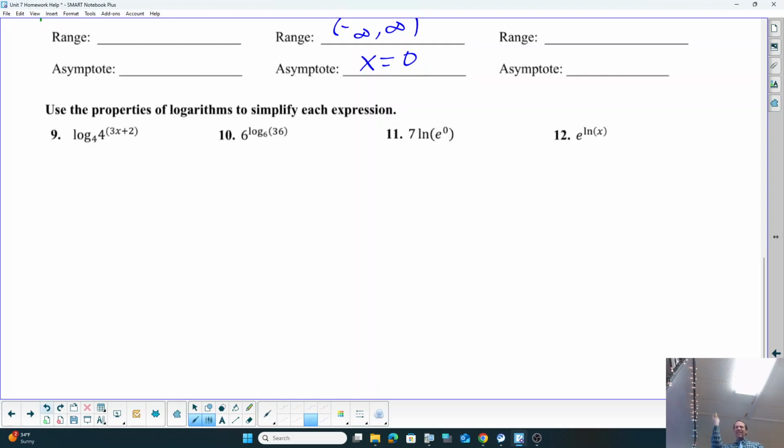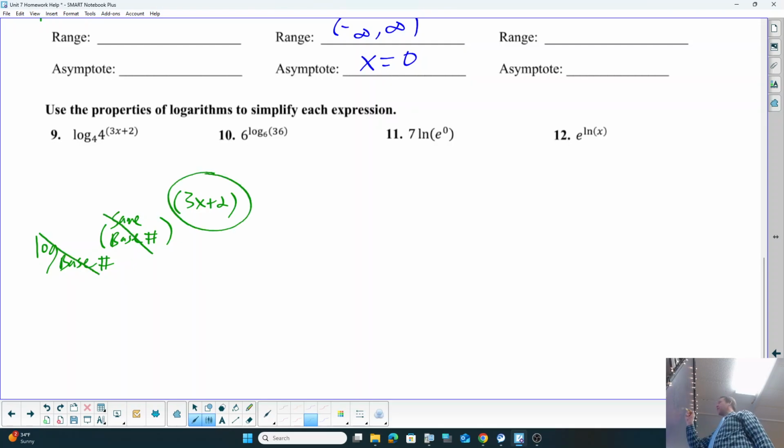And we're doing properties of logarithms. We learn with properties of logarithms that if you take a log base of a number with that same base, and then you have an exponent there, for example 3x plus 2, then the log base is going to undo the base, and that'll just be our answer.